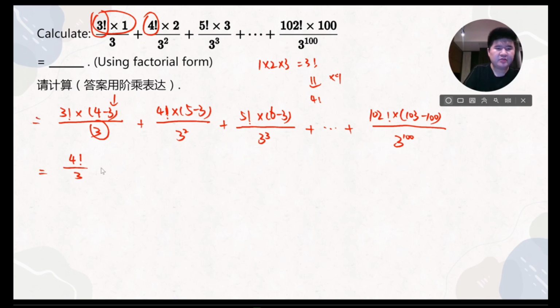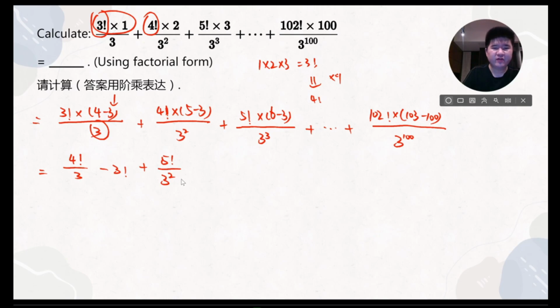And minus what? Minus a factorial of 3. 因为它是3的阶乘乘以3再除以3，所以还是3的阶乘。And the next one is factorial of 5 over 3 squared.